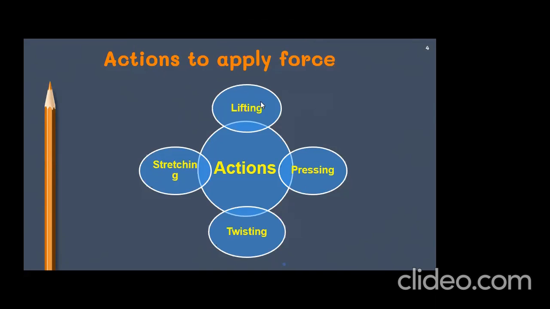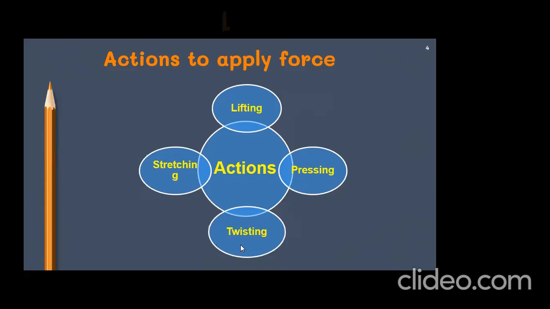Lifting, like when we lift the carton or lift the box from the ground, this is an example of lifting a box. Another example for pressing: pressing a foam or mattress. Twisting, yes, twist the sponge, good.